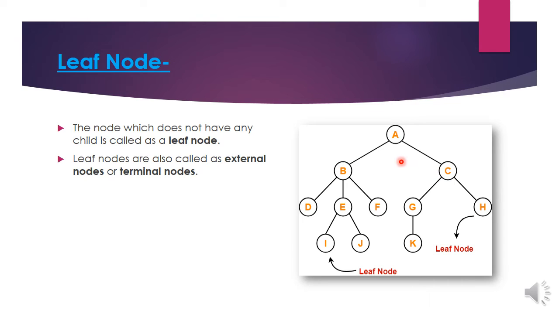If any node in a tree doesn't have any child, that is a leaf node, or external node, or terminal node. Another name for a leaf node is terminal node or external node. So D, E, J, K, S, these nodes don't have any child, therefore these are terminal or leaf nodes.